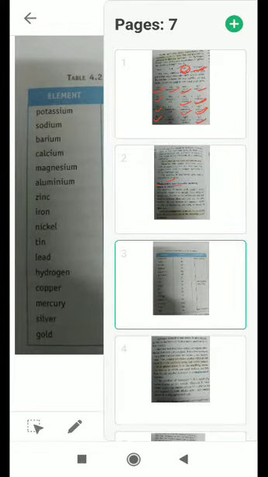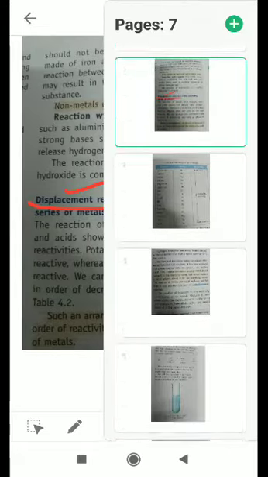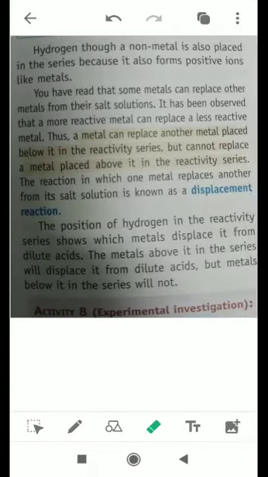Let us come back again. The displacement reaction says that the arrangement of metals in decreasing order of reactivity is called the reactivity series. And the metal which is highly reactive displaces a less reactive metal from its salt solution. Okay.